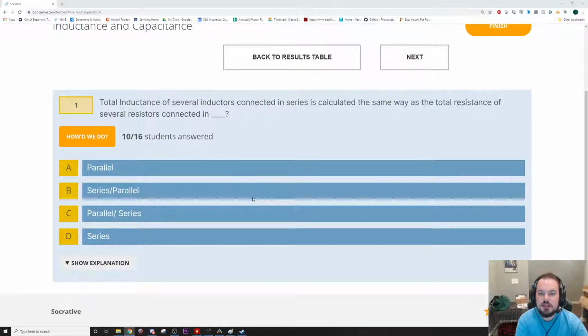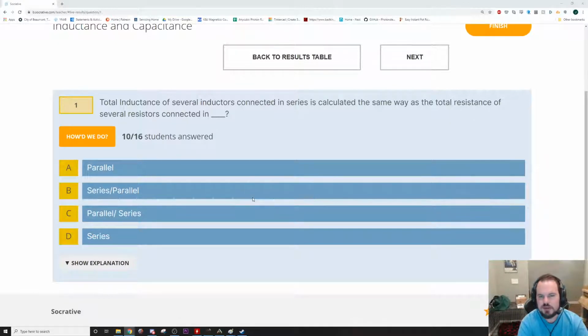Inductors and resistors calculate exactly the same way, but they don't calculate together the same way. That's what AC Theory Level 2 is about: mixing resistors and inductors, and resistors and capacitors. But for now, just inductors by themselves calculate just like resistors by themselves.